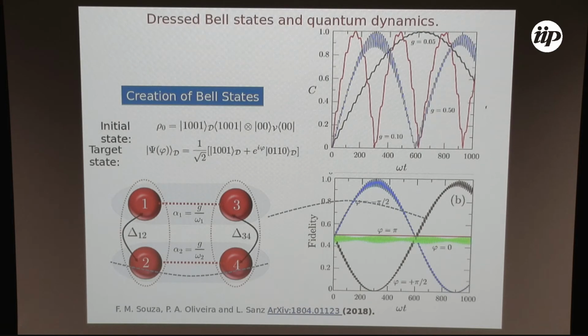Let's say that we initialize our system in this configuration 1001, meaning that dot 1 is occupied, dot 2 is empty, dot 3 is empty, and dot 4 is occupied. This means that at some point, electrons coming from a source jump into dot 1, and electrons coming from a source jump into dot 4, and you have this initial state there with 0 phonons.